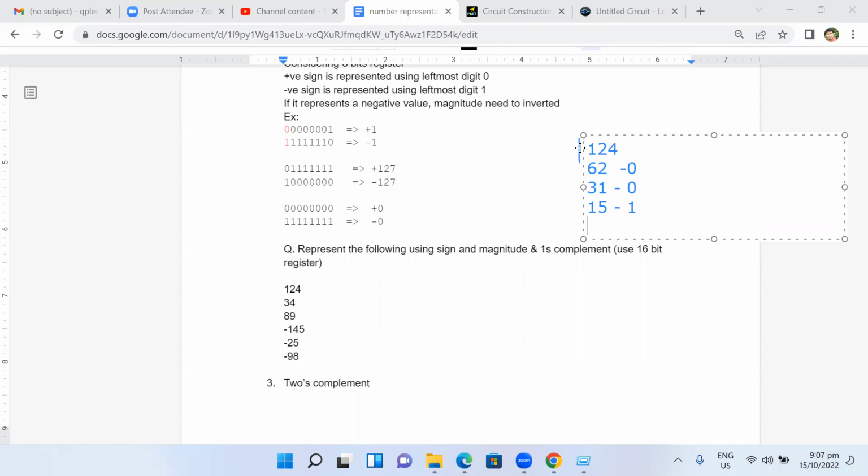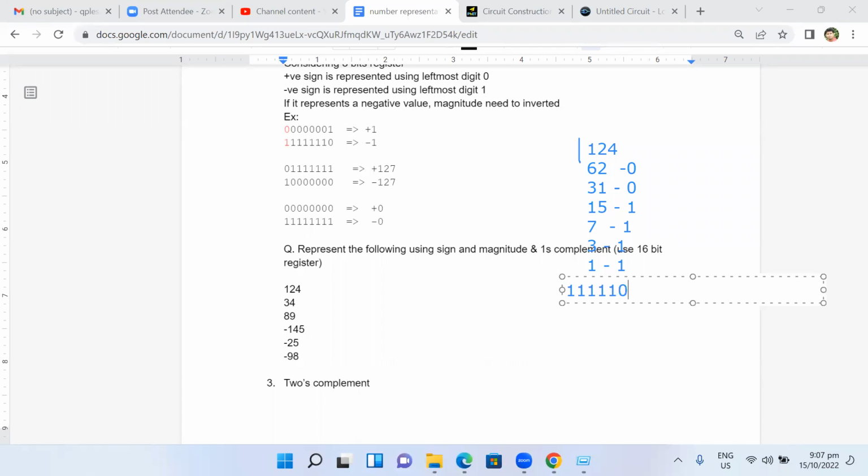Divide by 2 is 7, remaining 1. Then 3, remaining 1, then 1, remaining 1. So the number is 1 1 1 1 1 0 0.